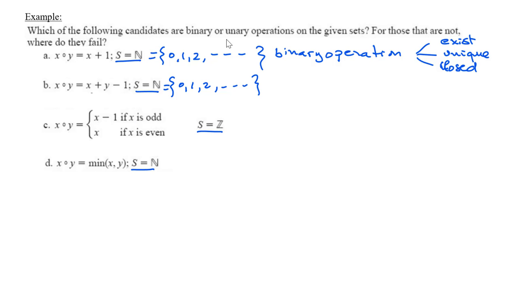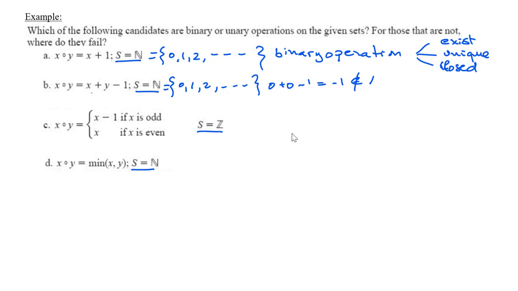So I'm sure if I pick any x and y from this set, it does exist. I will get some result, and it is unique. But is it closed? Is my answer always within N? Well, if I pick 0 plus 0, that means x is 0 and y is 0, minus 1. My answer is negative 1.